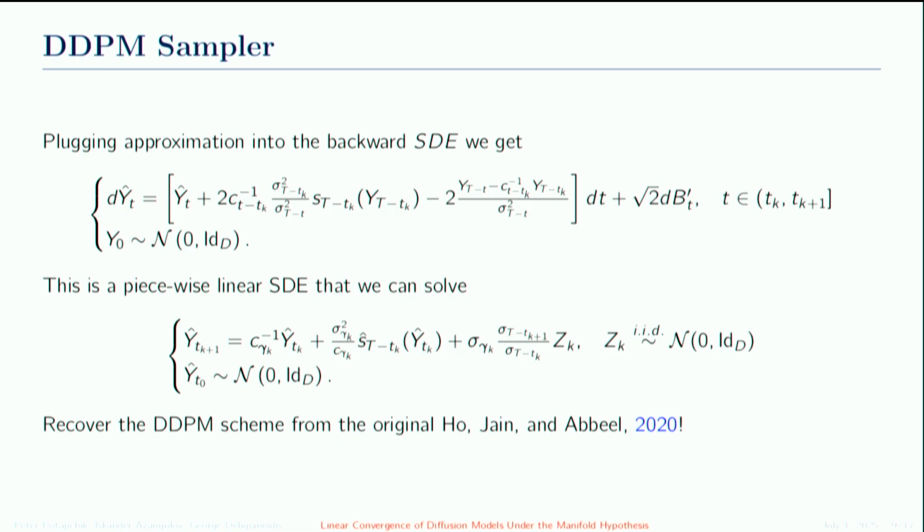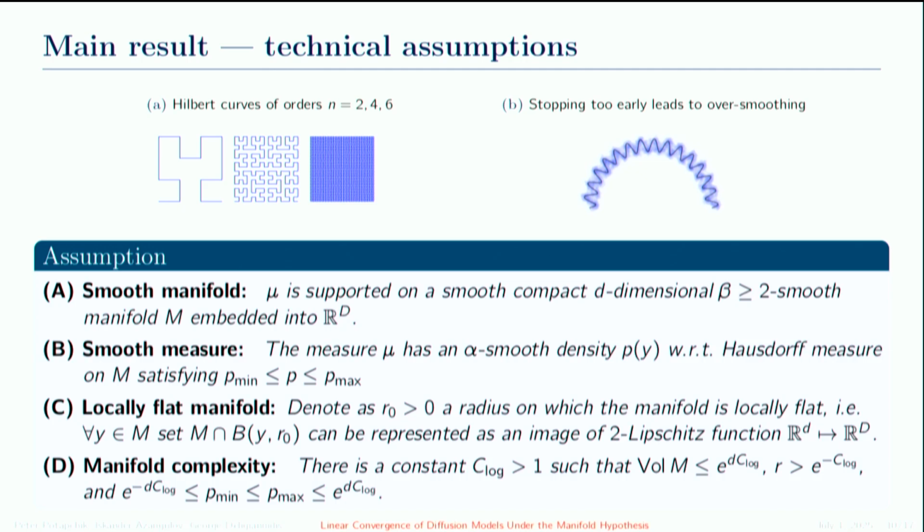The answer is no. In fact, this recovers the original DDPM scheme from the paper of Ho, Jain, and Abbeel from 2020. So it's not just some crazy scheme that no one is using. It's just that if you follow the standard SDE score-based generative model and you use the Euler scheme, you necessarily pay this capital D price. However, if you go back to this, you can save yourself the trouble.